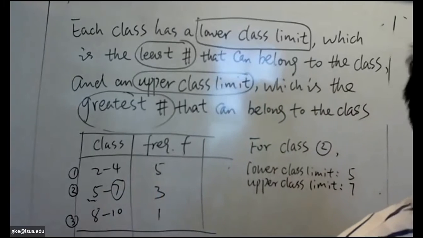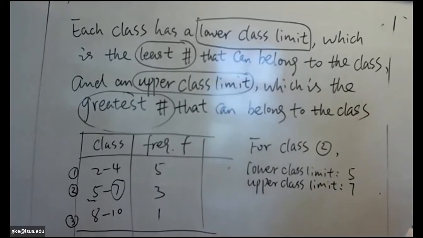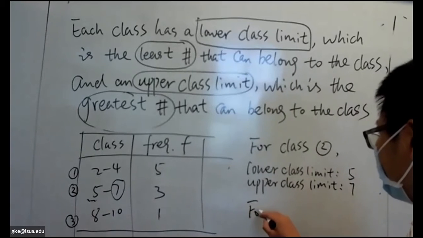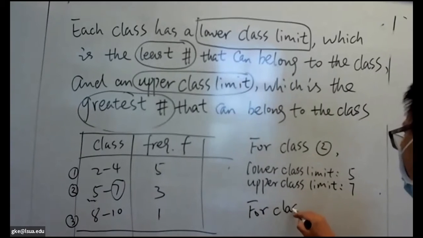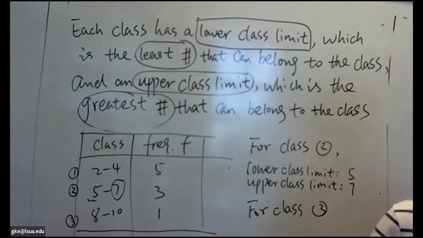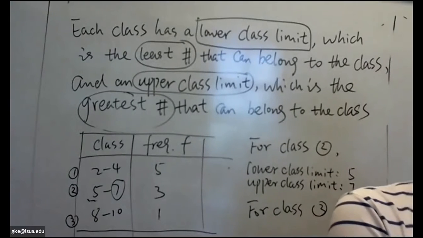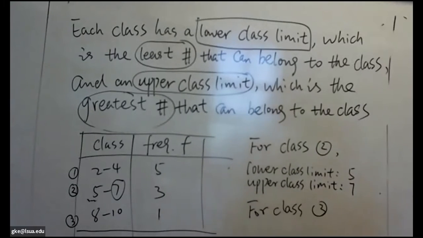That's it. Now I'm going to give you a question to try. For class 3, try to find the lower class limit and the upper class limit. Try it by yourself. You have 1 minute.